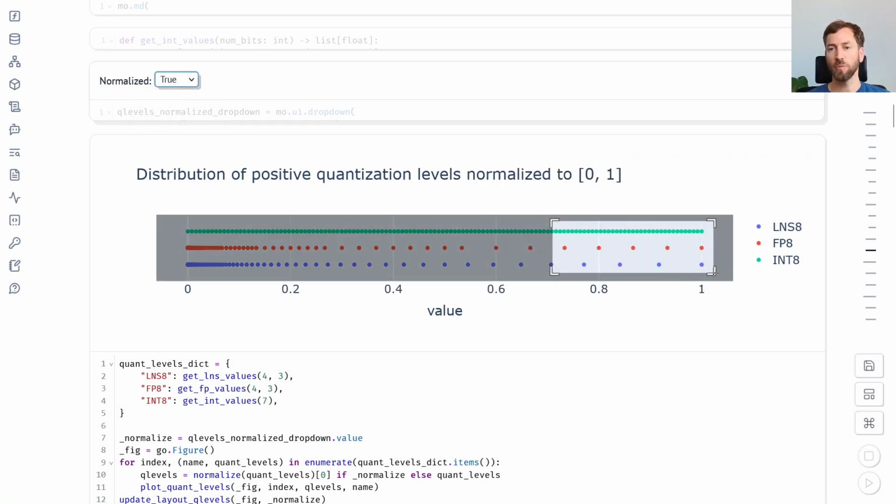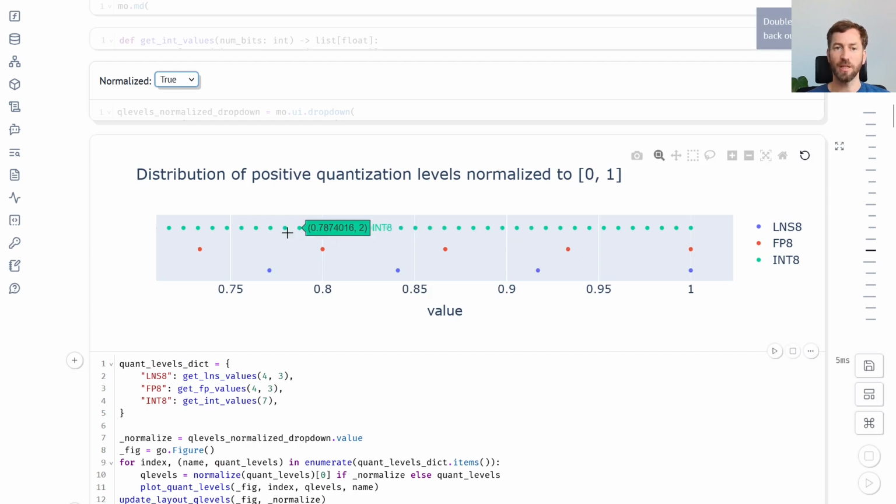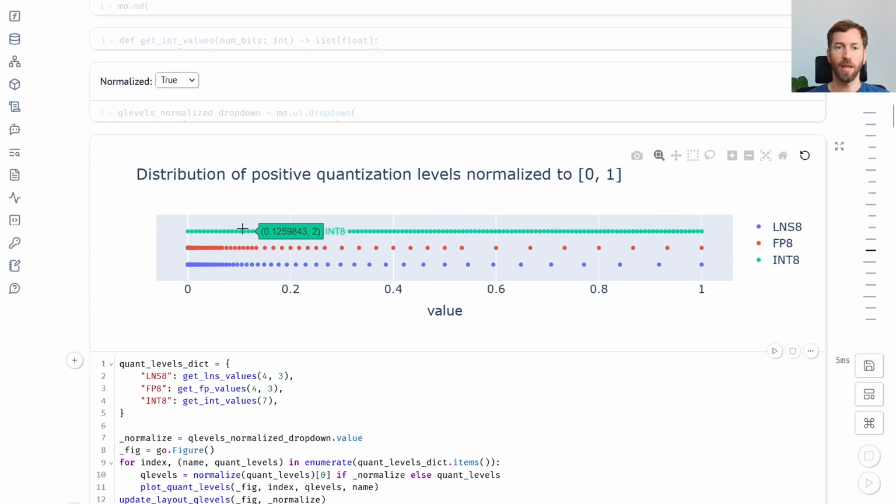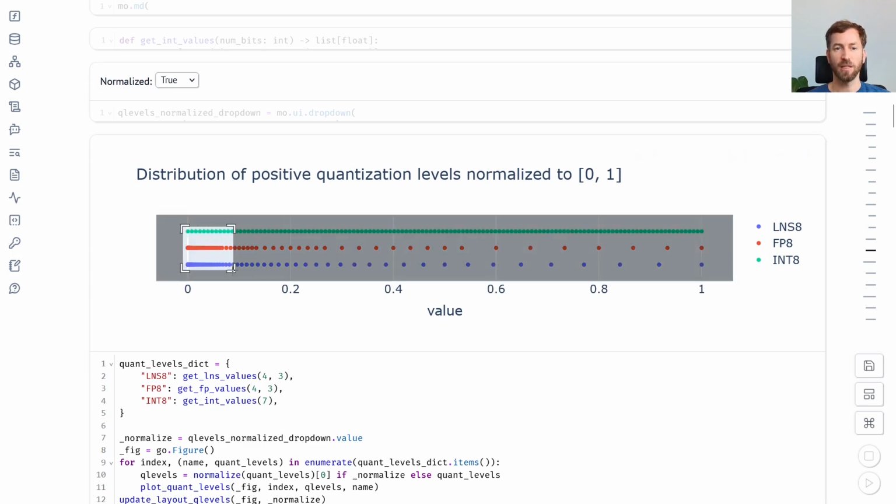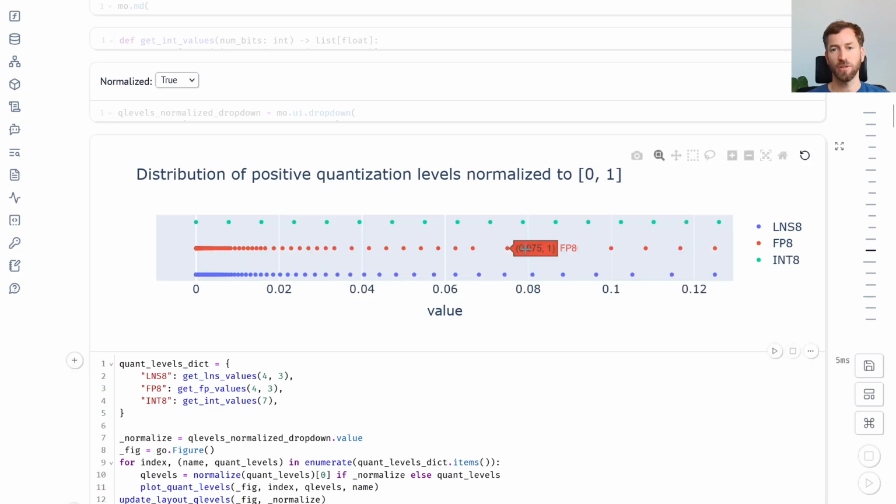If we now zoom in to large values, we see that we have a lot more quantization levels for the integer data type compared to the two other data types. And if I zoom in to the small values, we see that we have less quantization levels for the integer data type compared to the two others.